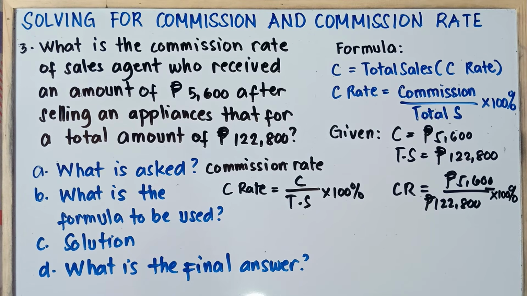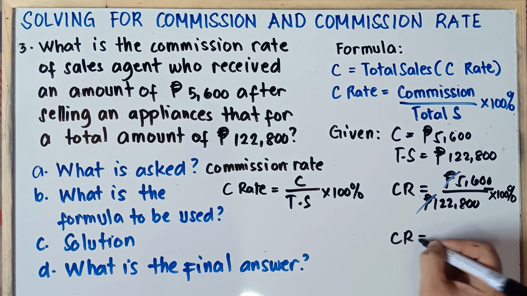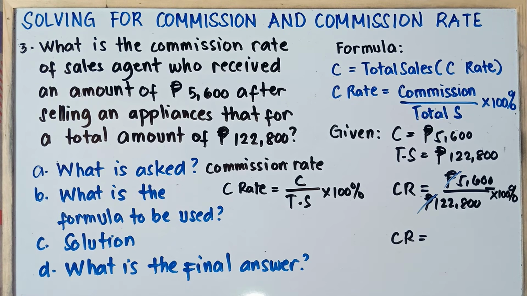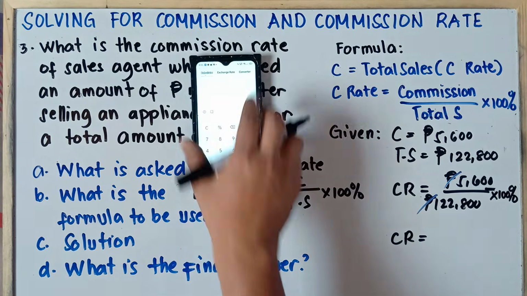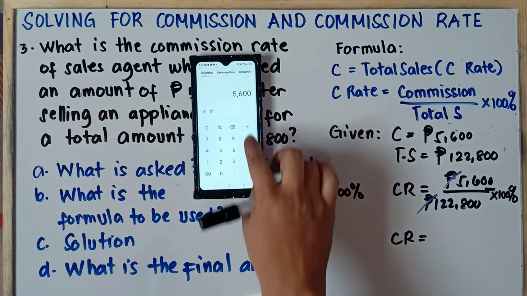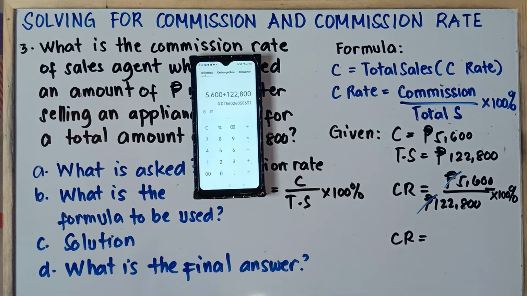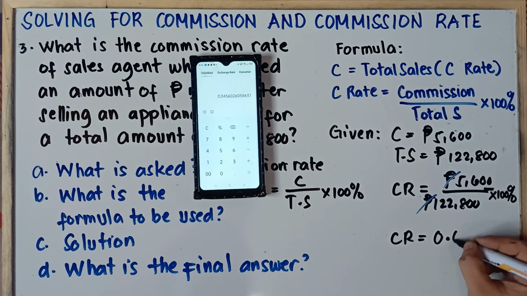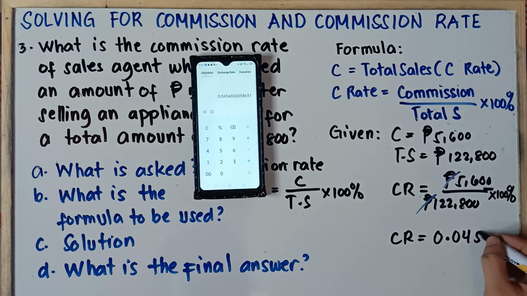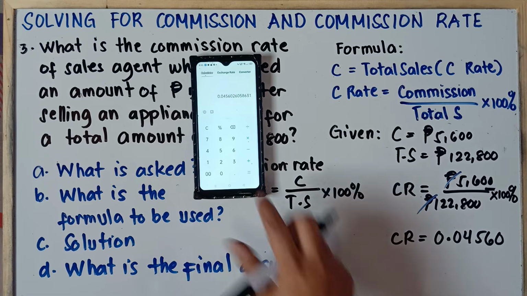So we can cancel pesos. Commission rate is equal to, divide this one, class, use your calculator. We will have 4 decimal numbers for this one. So 5,600 divided by 122,800, and our answer will be 0.04560.